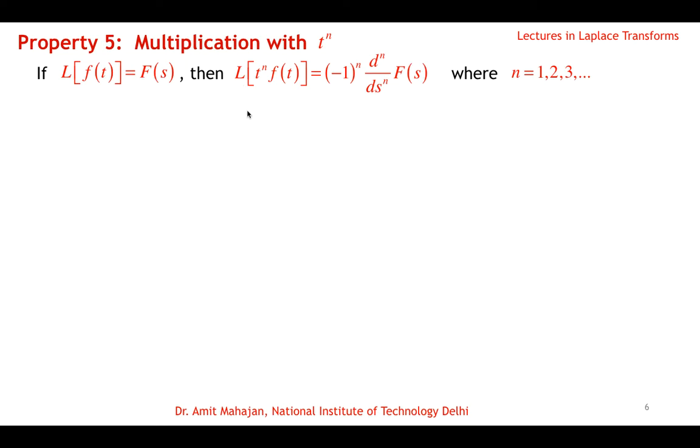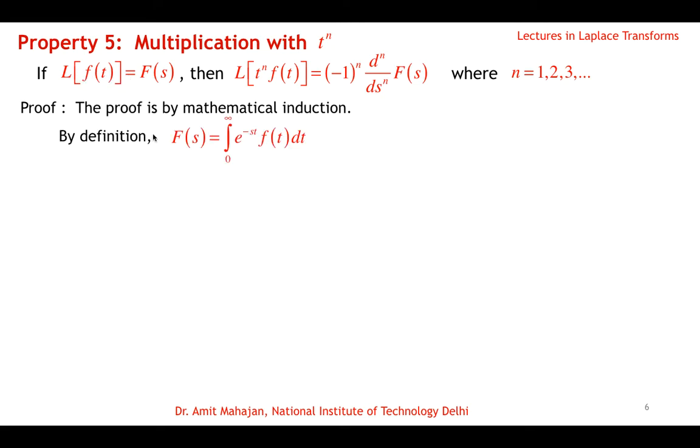So again we prove this by mathematical induction, and for that we'll first prove this result for n equal to 1, and then we'll assume that it is true for n equal to m, and then we'll prove it for n equal to m plus 1. So to prove this for n equal to 1, first we'll write the definition of what F(s) is. Laplace of f(t) is equal to an integral.